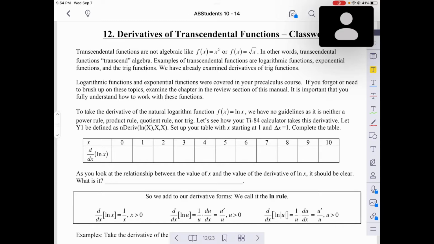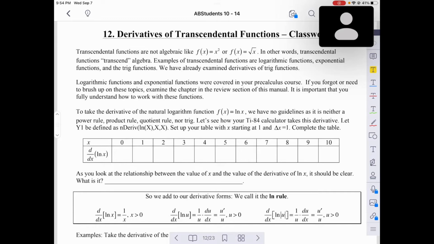Inside the parentheses, type ln x. ln is on the left-hand side, the third button from the bottom. Close that parentheses because it was open, and then type x equals x. And then we'll go look at our table.